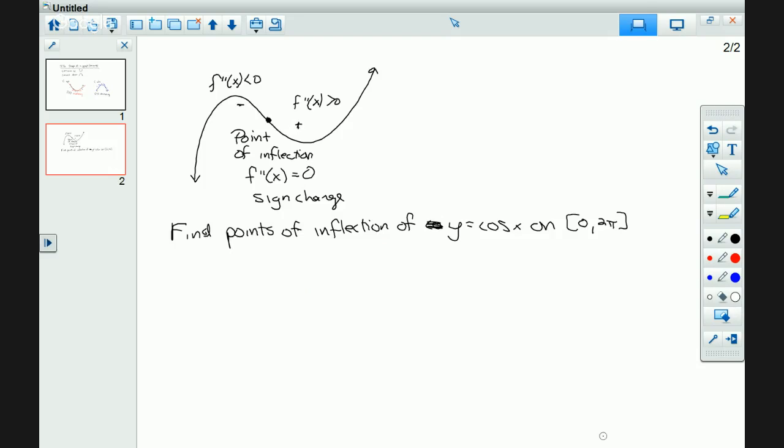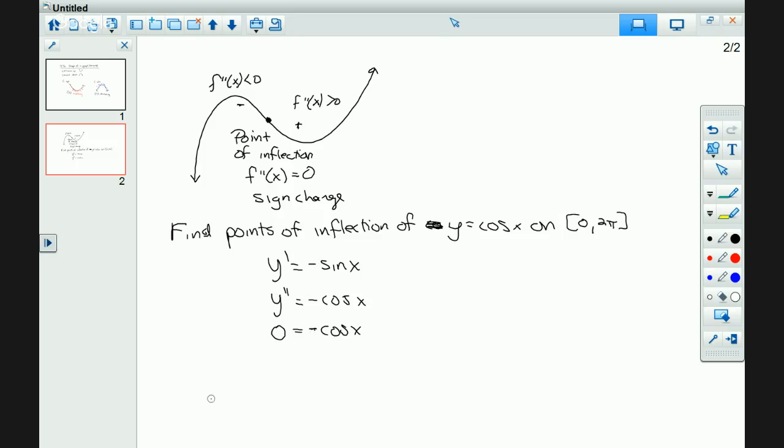If we want points of inflection, we need to find the second derivative, right? So what's the first derivative? Negative sine. And the second derivative? Negative cosine. Then set the second derivative equal to 0.